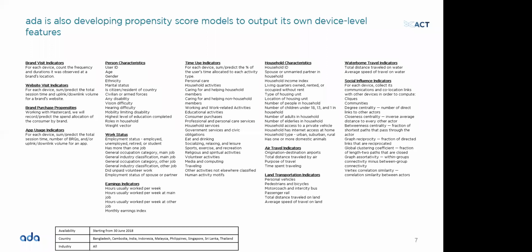Like, for example, let's take social influence indicators. So this is the fraction of telecom communications that are reciprocated back to the network, right?